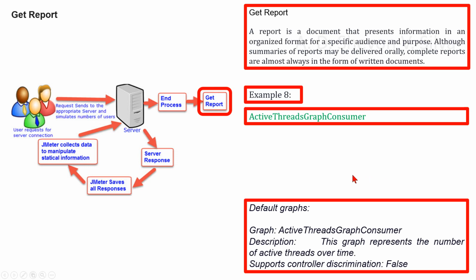Here we are considering the active thread graph consumer. This graph represents the number of active threads over time. This is an example default graph, and supports controller discrimination is false.